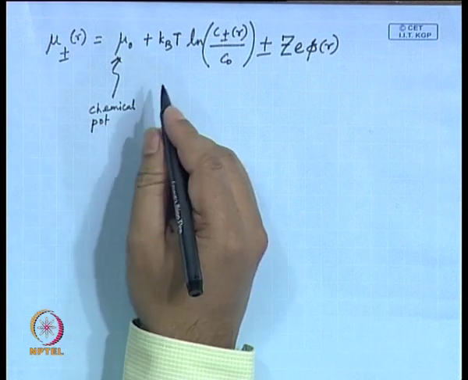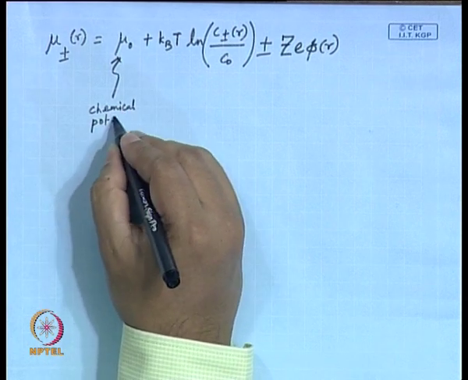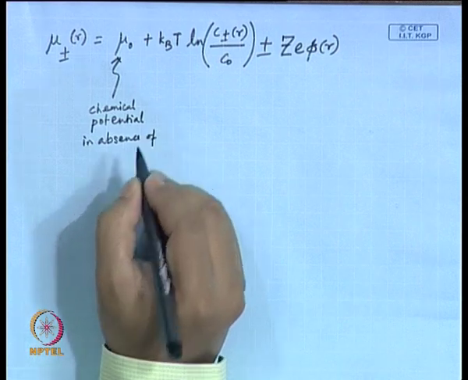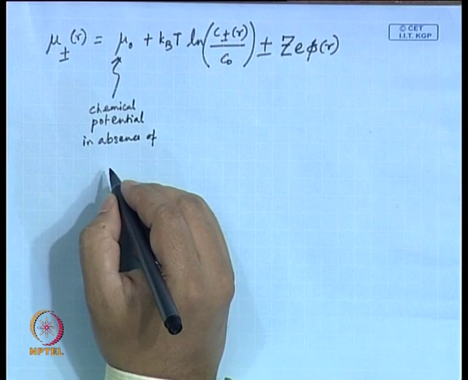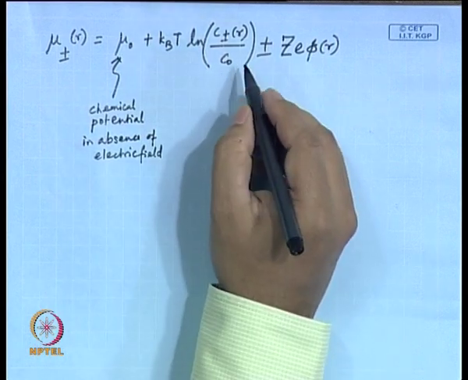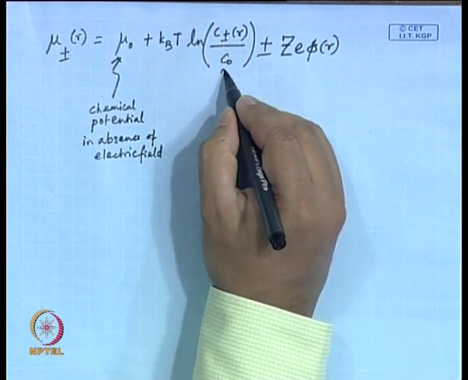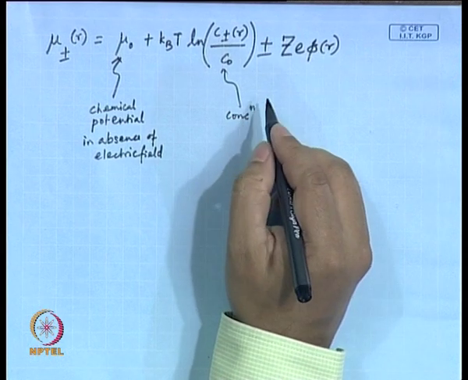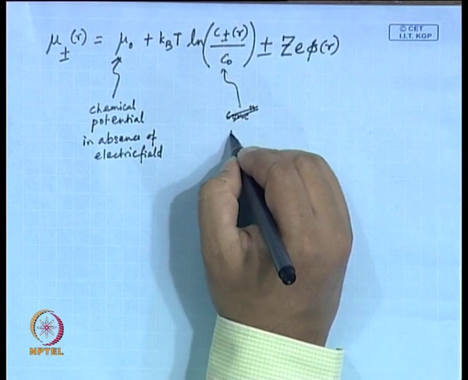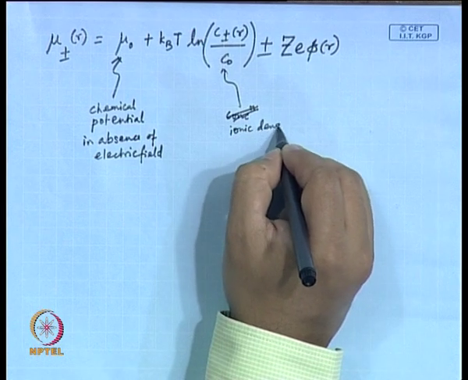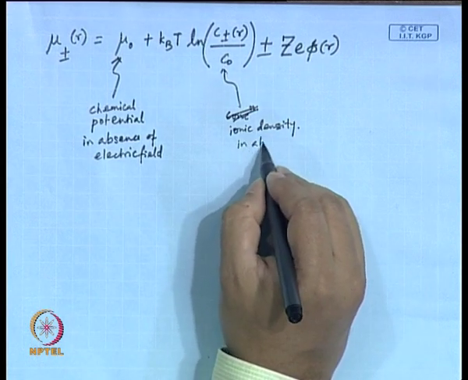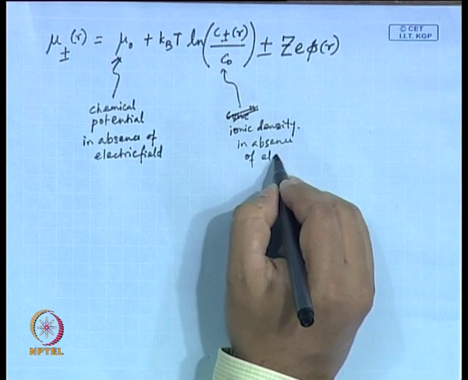And this C 0 is the concentration, or I would say the ionic density, let us call it ionic density, in absence of electric field.